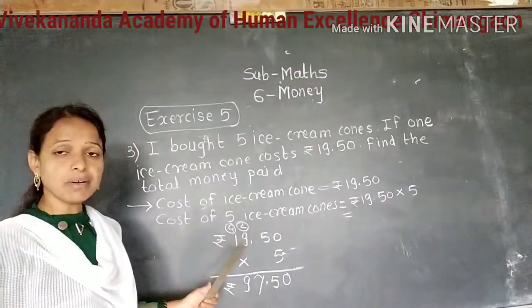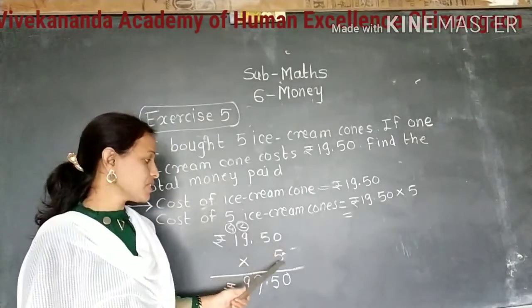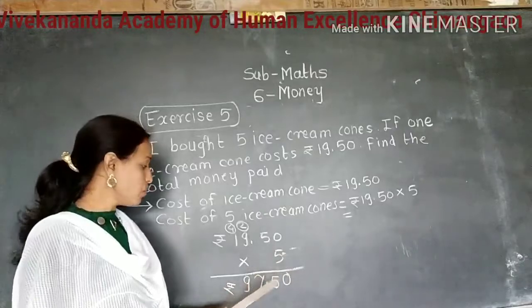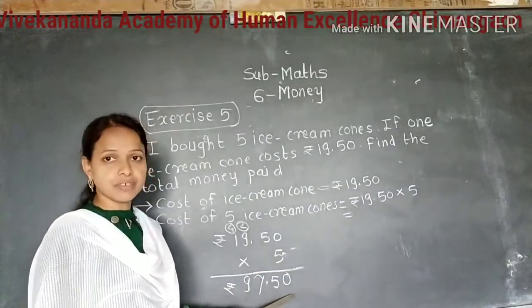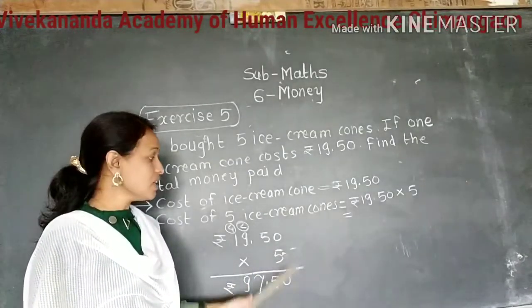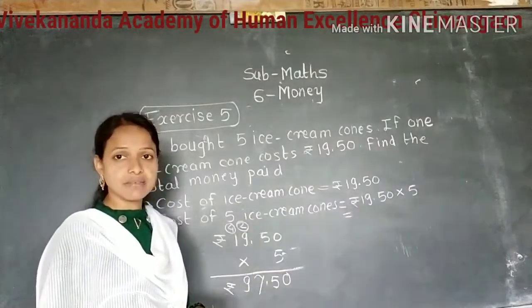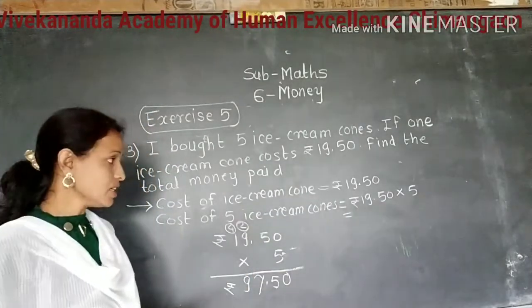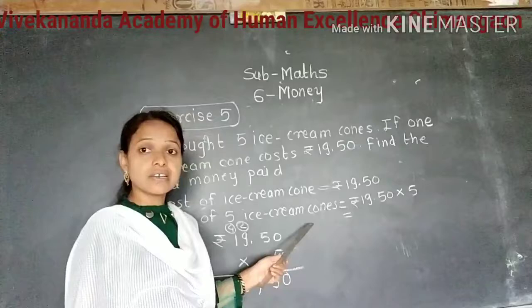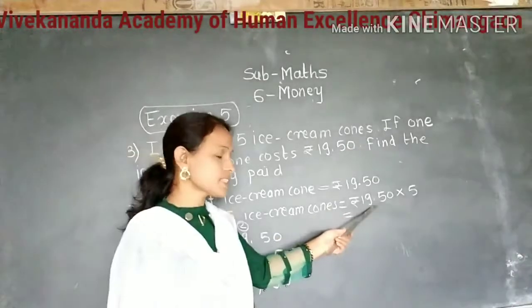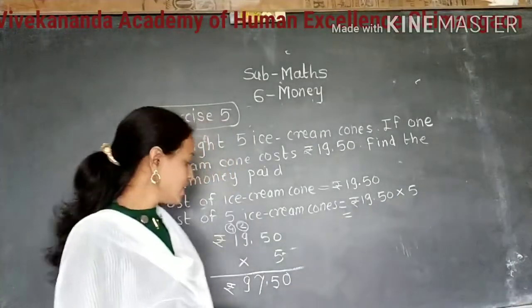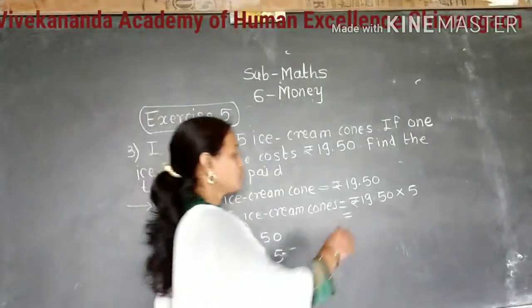In this way, here we multiply 19 rupees 50 paise by 5. We get here the product 97 rupees 50 paise. And that is the cost of 5 ice cream cones. See how it is there? We multiply the cost of 1 ice cream by 5. We get here the answer 97 rupees 50 paise.